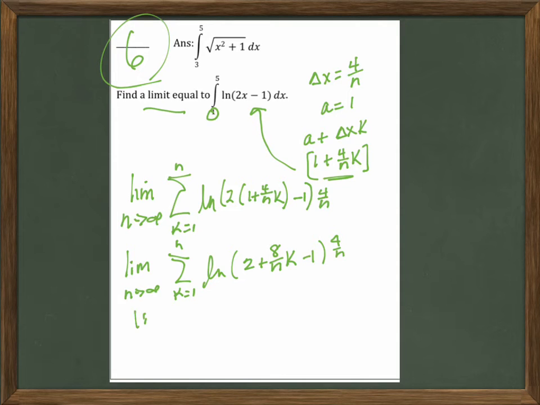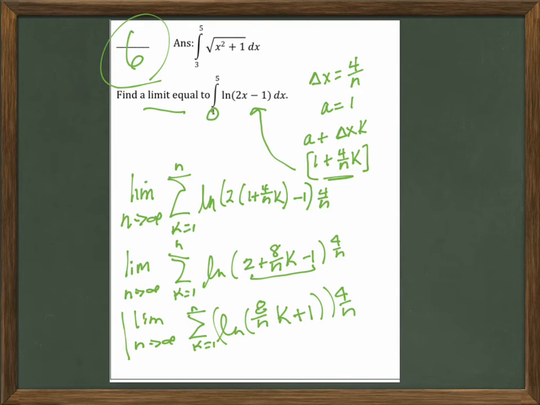So wait, one more step. Limit as n goes to infinity of the sum of k equals 1 to n of the ln, combine this, of 8 over nk plus 1, all times 4 over n. So there's your limit equation.